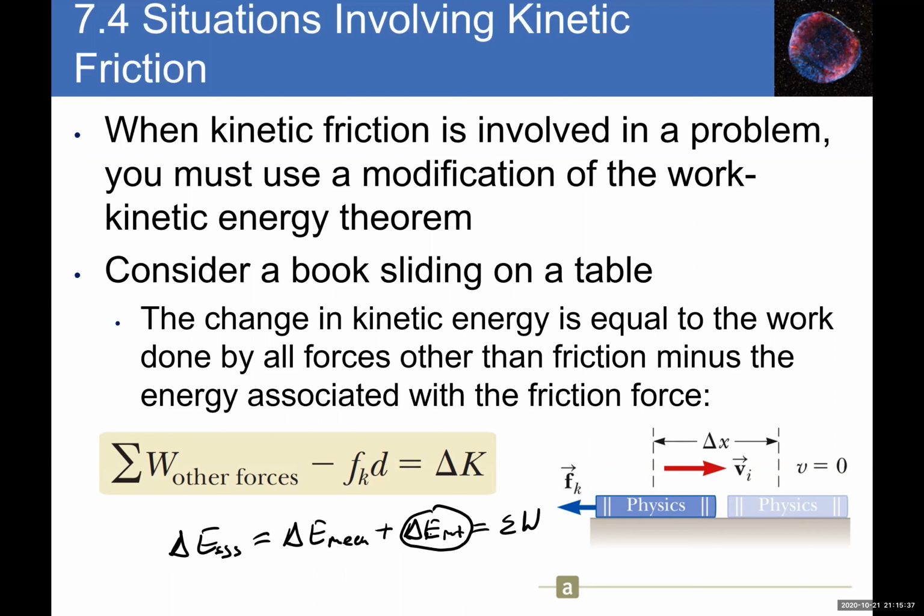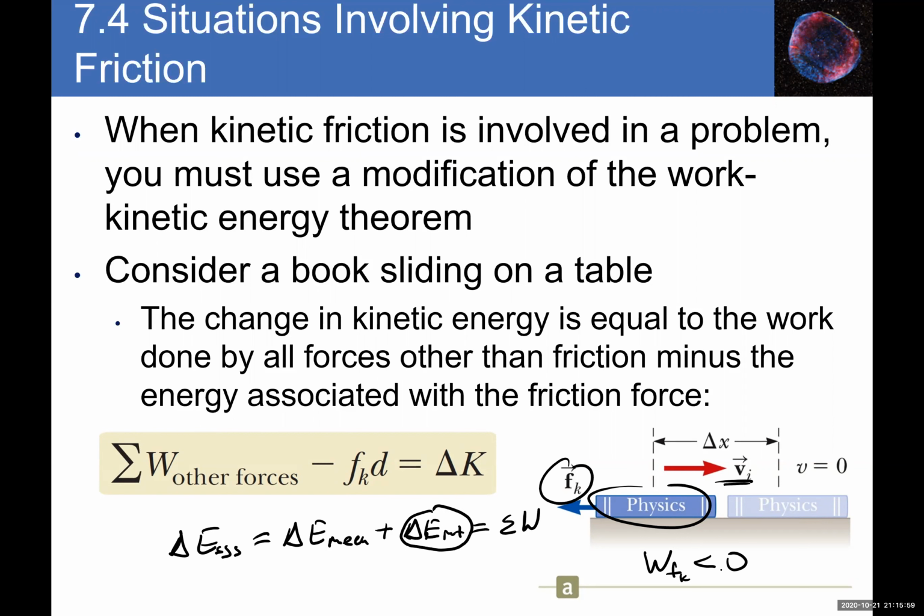As this book is moving to the right with some speed, if the surface is rough, there's a friction force acting in the opposite direction of displacement, which gives you work done by kinetic friction as negative. That means it will dissipate, or remove, energy.